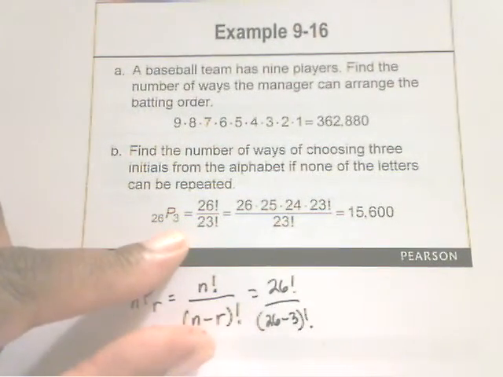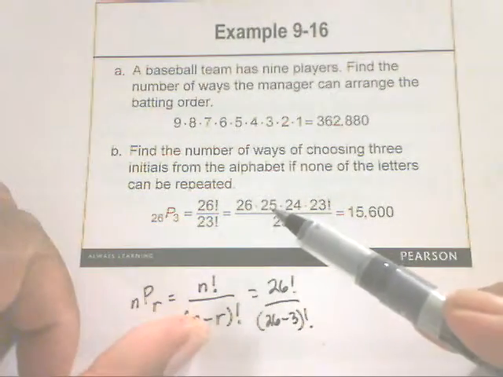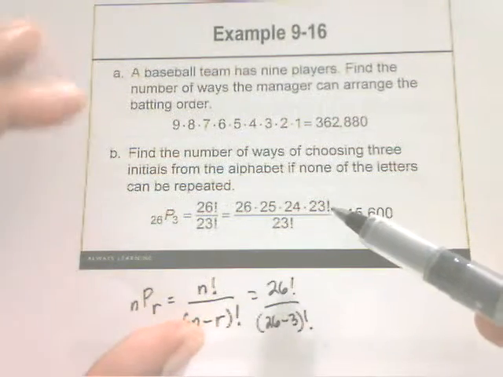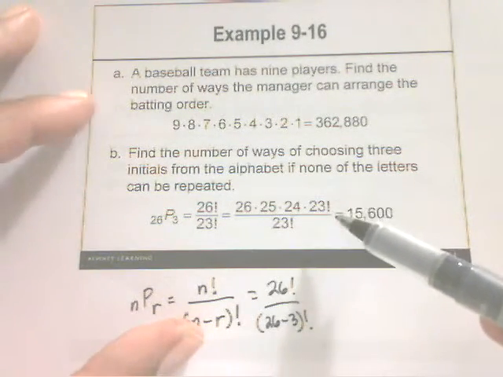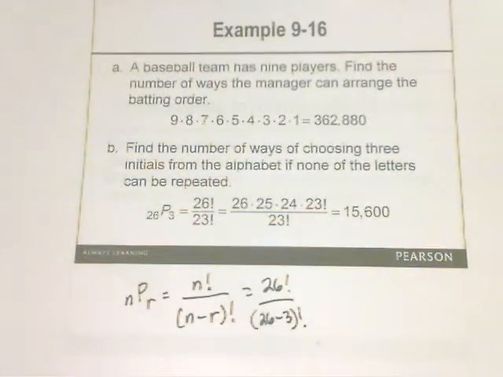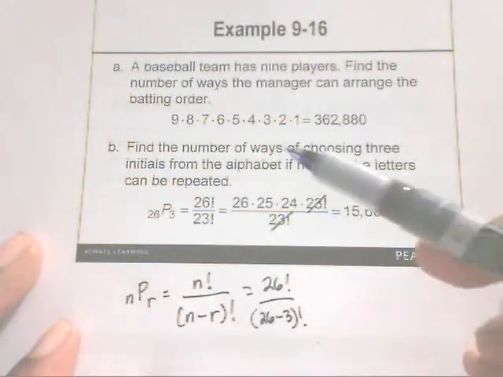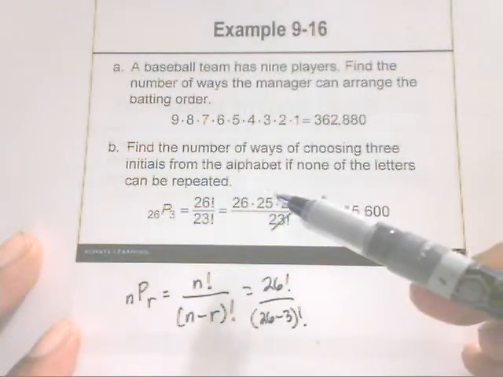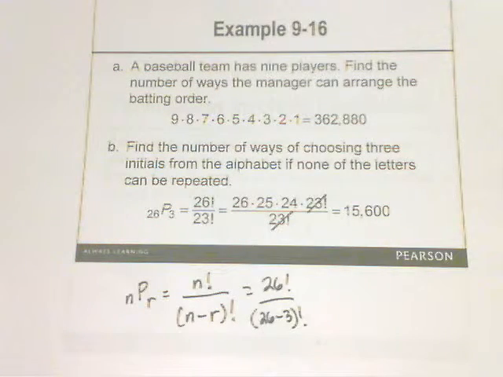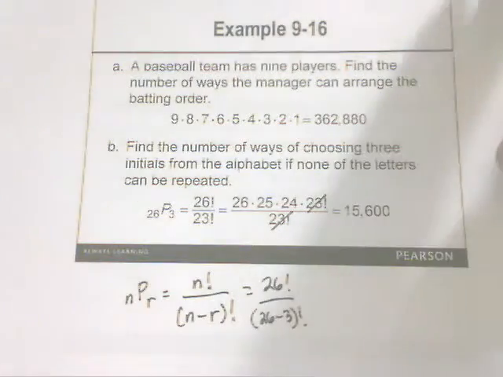Notice we expand 26 factorial as 26 times 25 times 24 times 23 factorial, because in the denominator you have 23 factorial, which means the 23 factorials divide out. So all you have to do is multiply 26 times 25 times 24, and you'll get 15,600. So there are 15,600 ways of choosing three initials from the alphabet if none of those letters can be repeated.